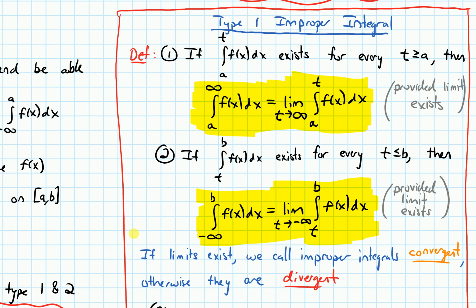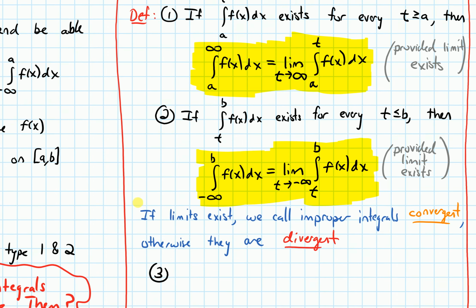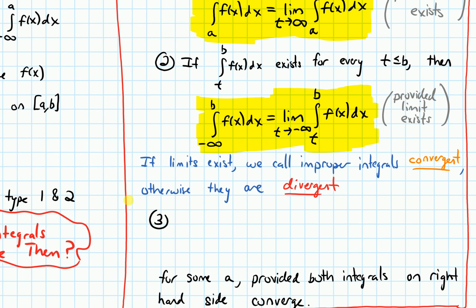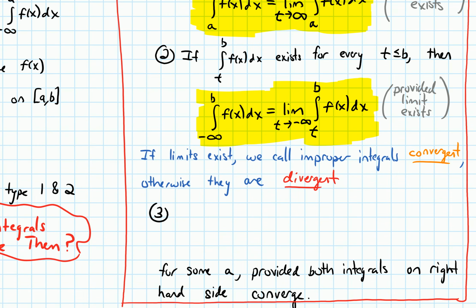There's one more possibility of what one of these improper integrals could look like. The third situation is where we have the integral from negative infinity to positive infinity of f of x dx, so both of them show up.